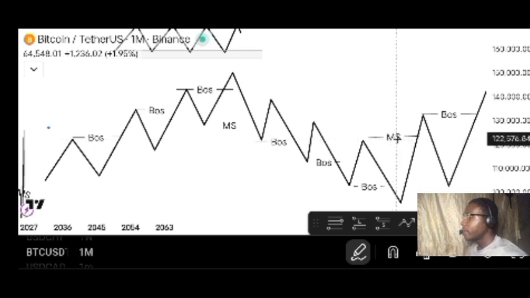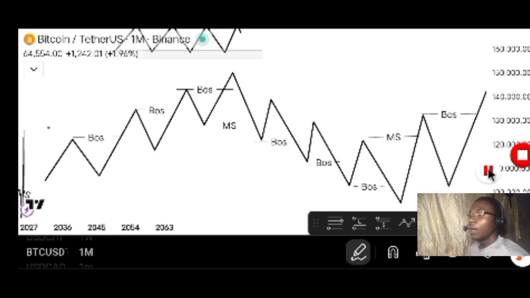Price, after creating the last lower high, comes back here, creating a lower low.